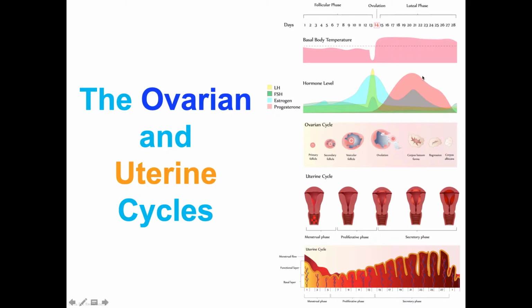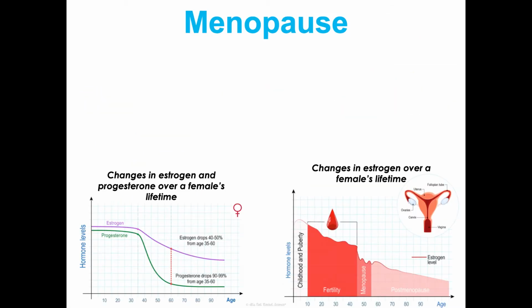So if you get pregnant, a new cycle doesn't begin, so it'll stay relatively high. But if you were about to start your period in a new uterine cycle, then that temperature would drop again. So that's what the relationship is there with that temperature.